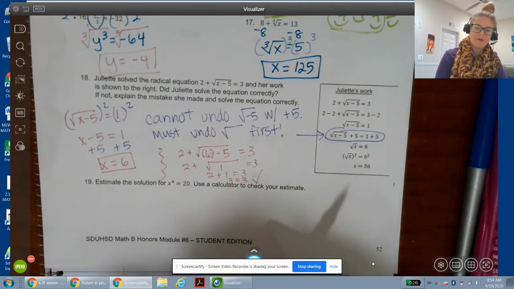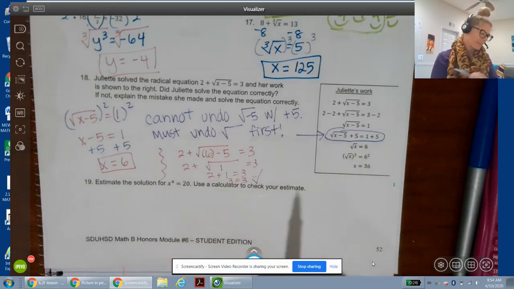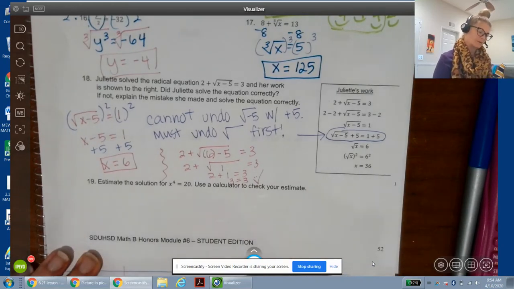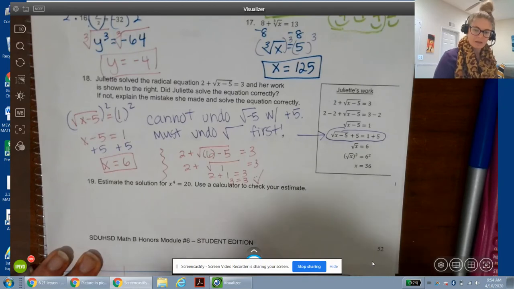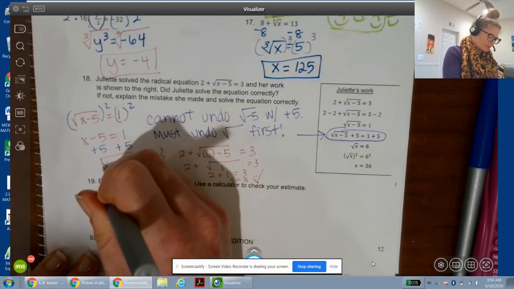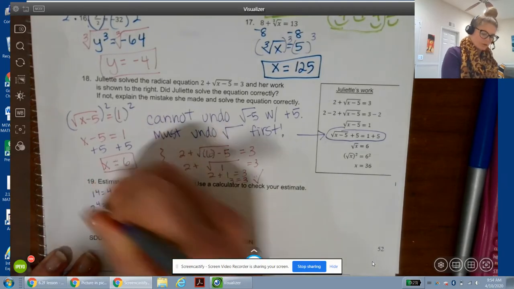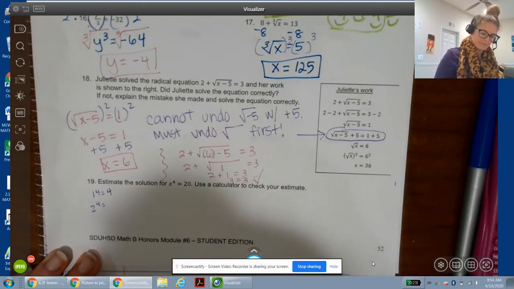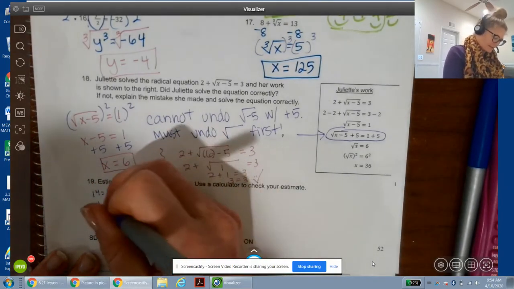So thinking about this, if we're going to be estimating, let's think about fourth powers that we know of. So 1 to the fourth is 1. 2 to the fourth is 16.